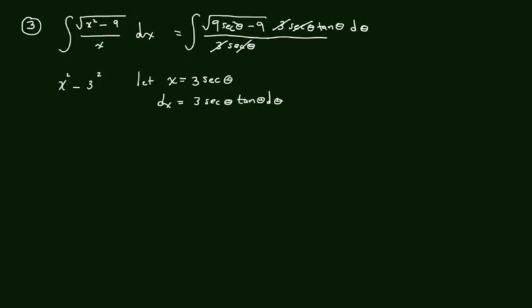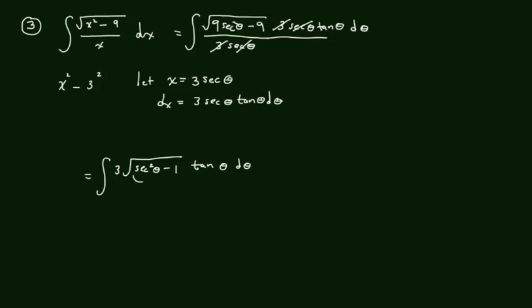I'm going to jump down below here. I'm going to factor out a radical 9 to get a 3. Square root of secant squared theta minus 1 and tangent of theta d theta. There we are. That looks like it.